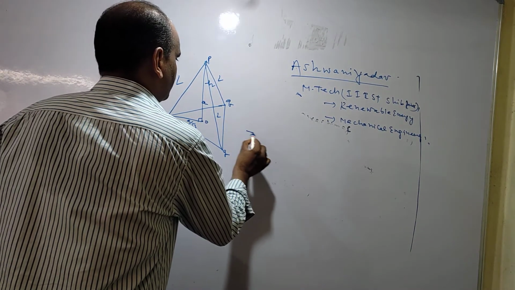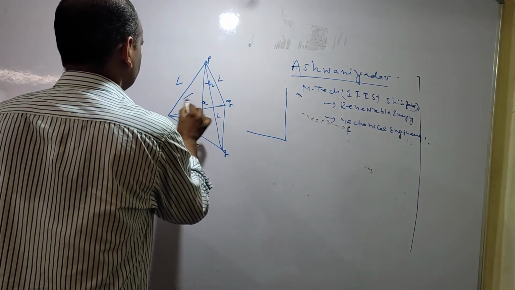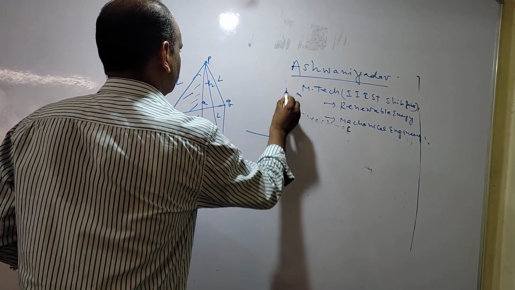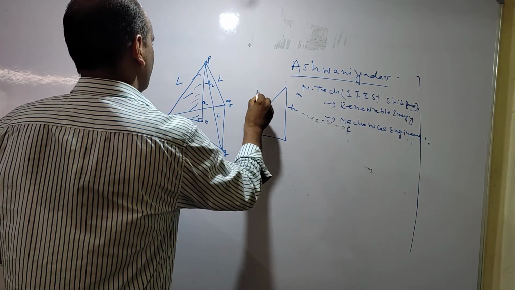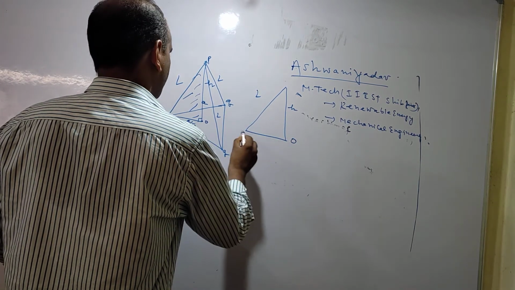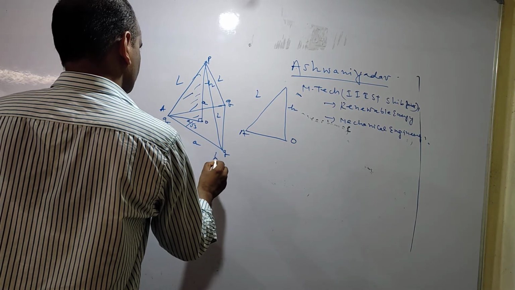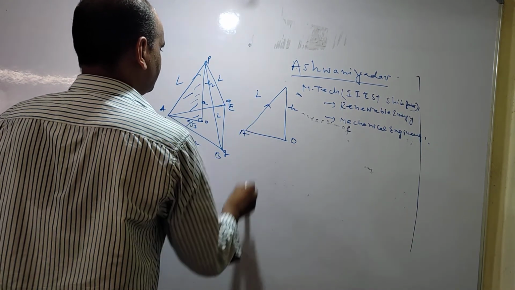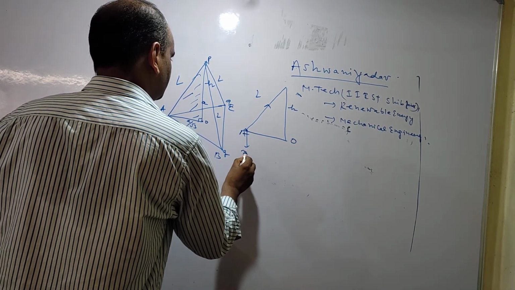So we can draw a picture of this triangle. This is H and this is L, and this is O and this is A. You can consider these points A, B and C, and the tension will be like this, and mg force always downward.